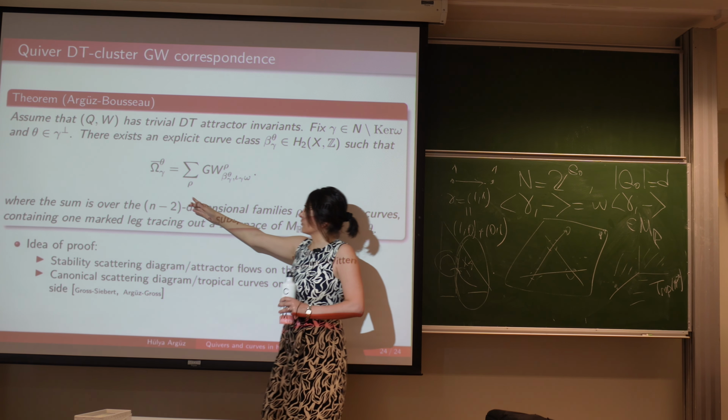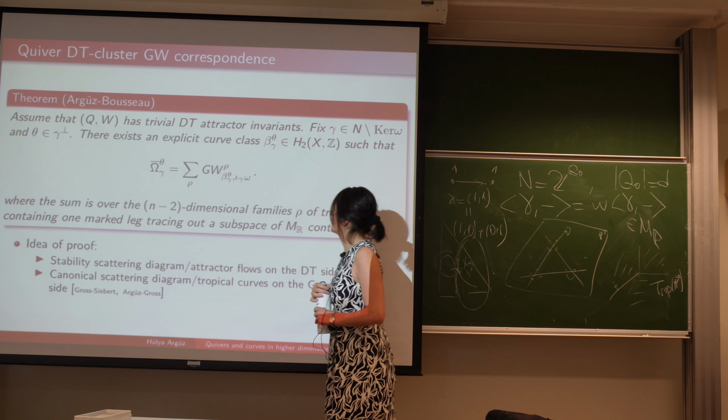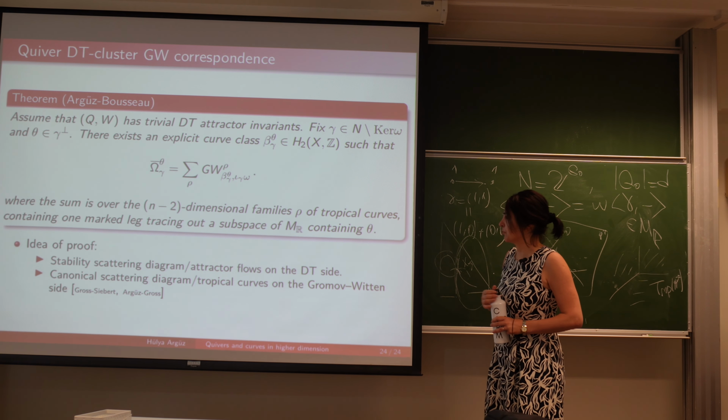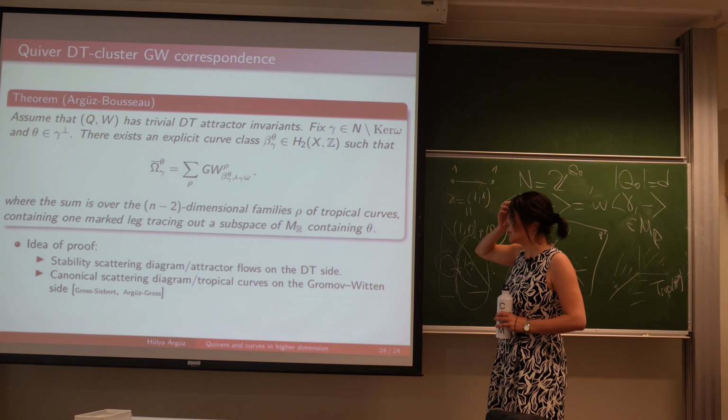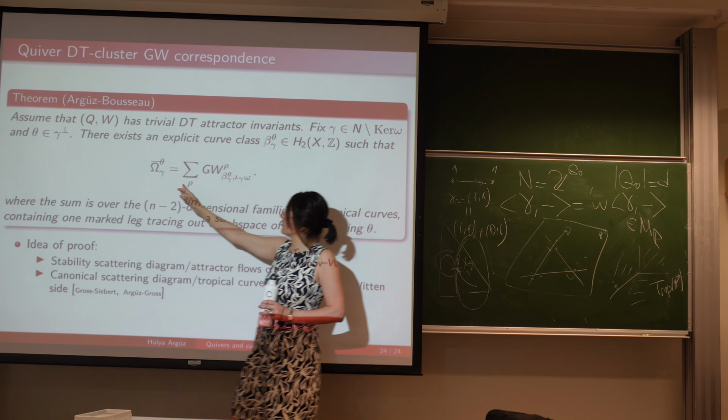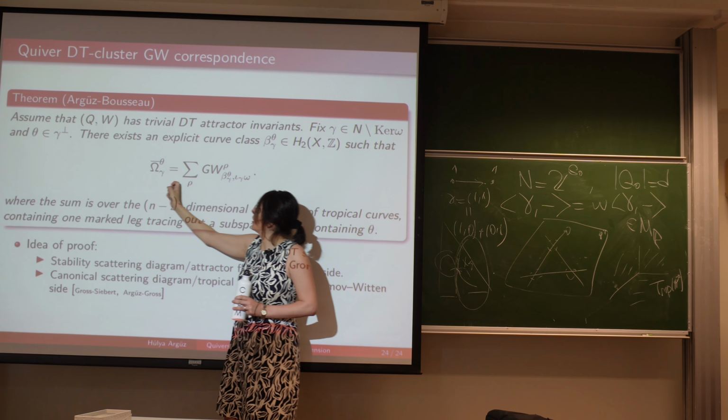So this is the final correspondence we prove, and the idea of the proof just amounts to observing how to calculate quiver DT invariants using wall crossing.